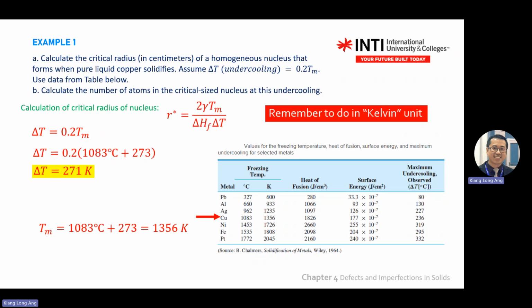So delta T equal to 271 Kelvin. Then gamma is given here. Gamma is the surface energy, 177 10 power negative 7 joule over cm square.